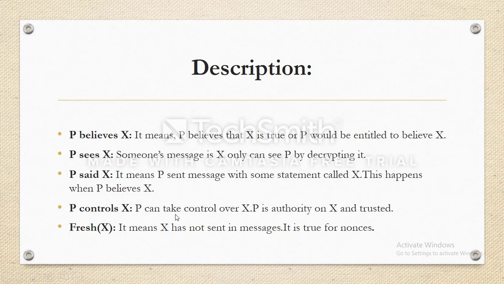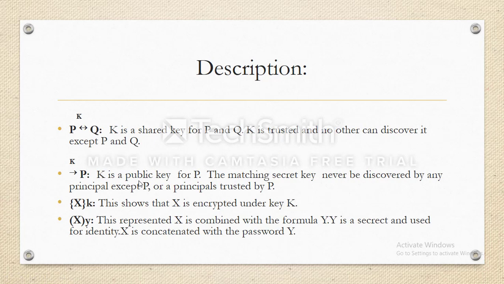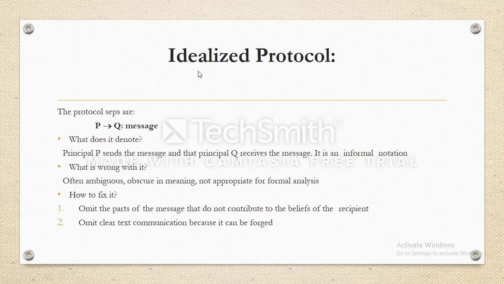It means that P can take control over X. P is an authority on X and trusted. The others will also be the same. We can understand very easily from these slides. Here is more description. Now we will see the idealized protocol.